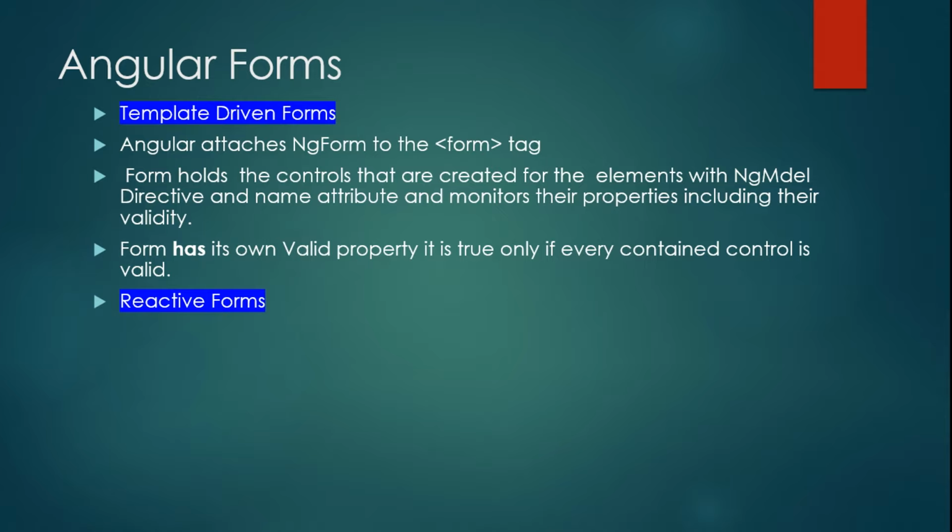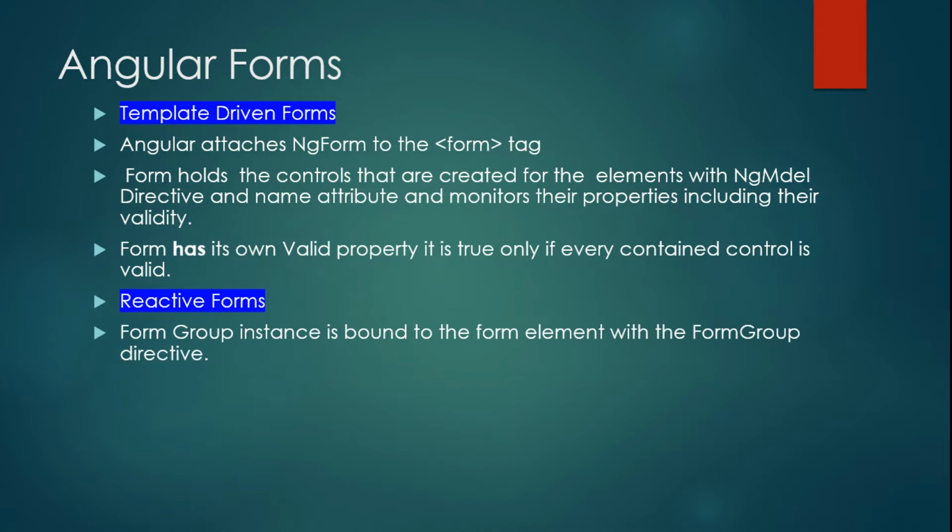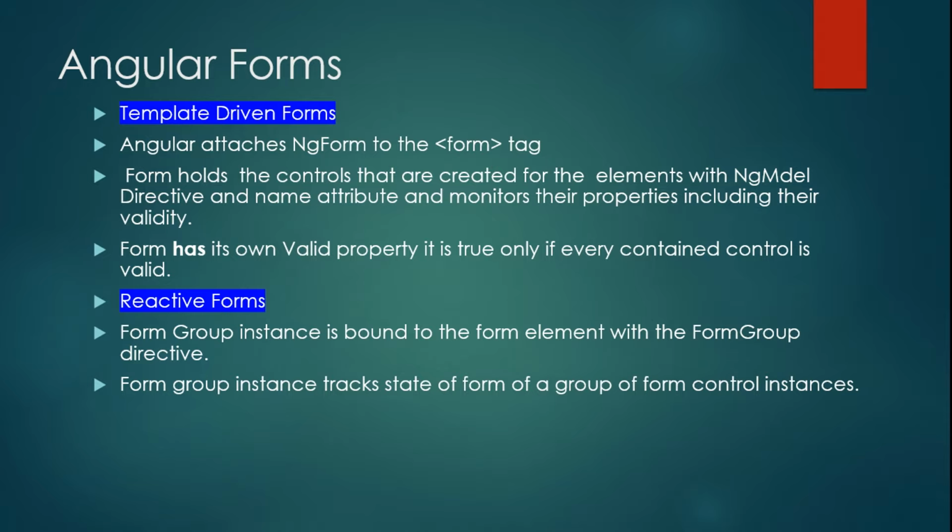As part of that, it provides the formGroup directive and the FormGroup model. In the FormGroup model, we define the child controls, and to bind that FormGroup model to the form we use the formGroup directive. So the FormGroup instance is bound to the form element with the formGroup directive. The FormGroup instance tracks the state of a group of FormControl instances.